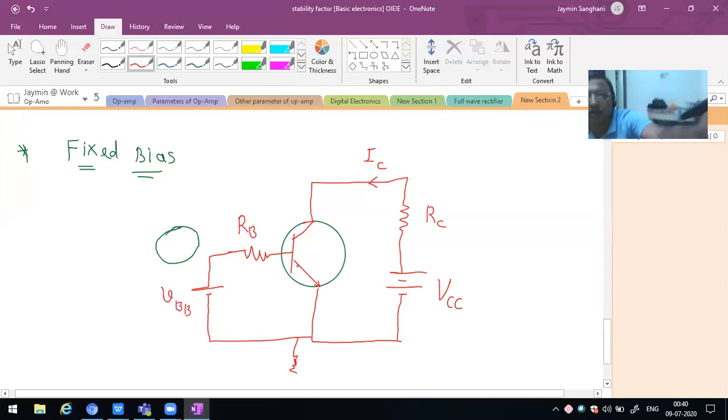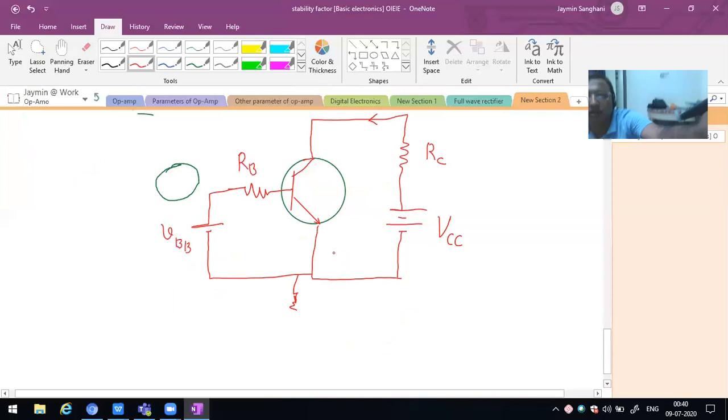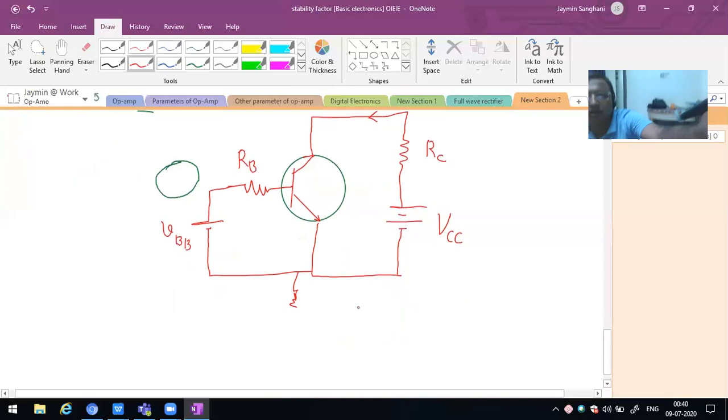These two batteries can be converted into a single battery due to this negative voltage. That's why plus VCC.